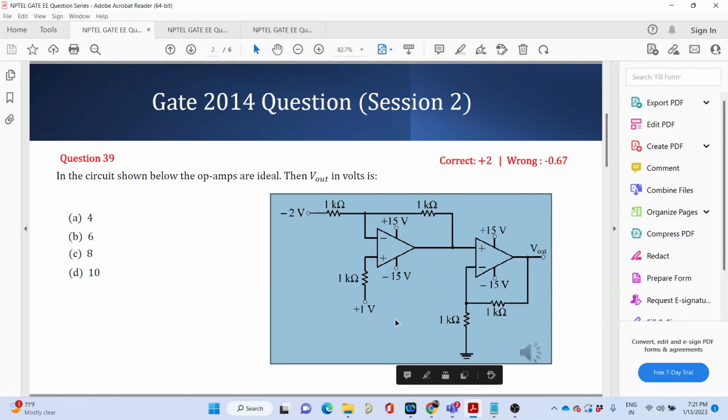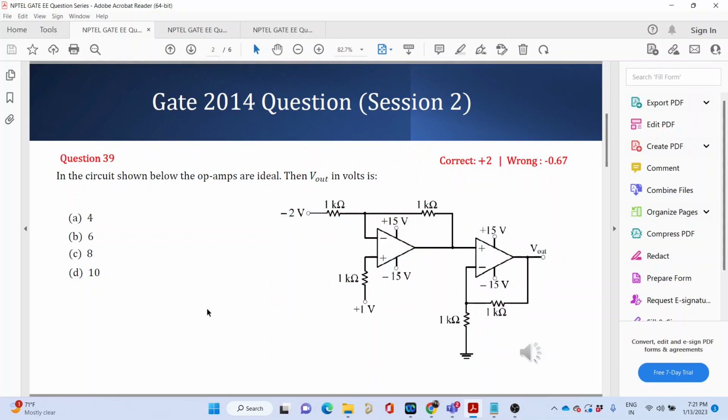Like plus 1 volt was at 1 kilo ohm, so there no current flows through the op amp, so I consider plus 1 volt. Then at the minus 2 volt, after the 1 kilo ohm resistor, I consider it to be plus 1 volt, so then we will get minus 1 volt at that point. But after that, I was not able to figure out how to solve it.